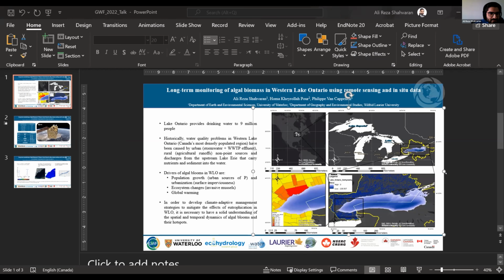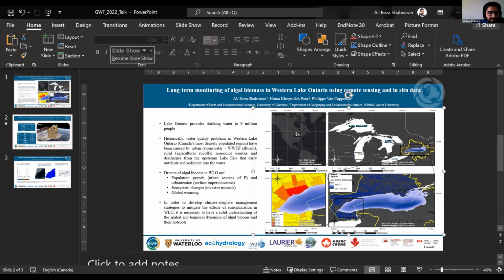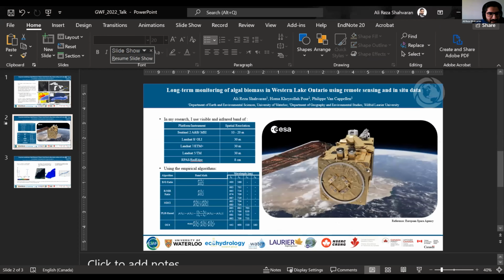So what I do is basically using the satellite imagery, specifically in the visible and infrared bands from Sentinel-2, Landsat 8, 7, and 5, and also coupled with drone images, which has higher spatial resolutions of 8 centimeters.